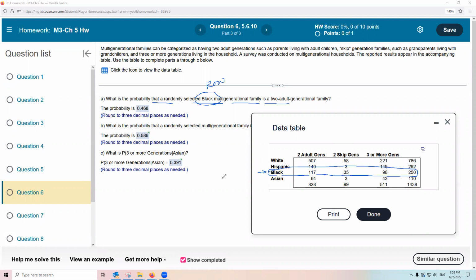And they want to know, what's the probability that it's a two-generation family? Well, for this probability, the number we want is 117. But they only wanted us to focus on Black families here. That means I should just use the total of 250. So 117 over 250 turns out to be 0.486. Sorry, 0.468.